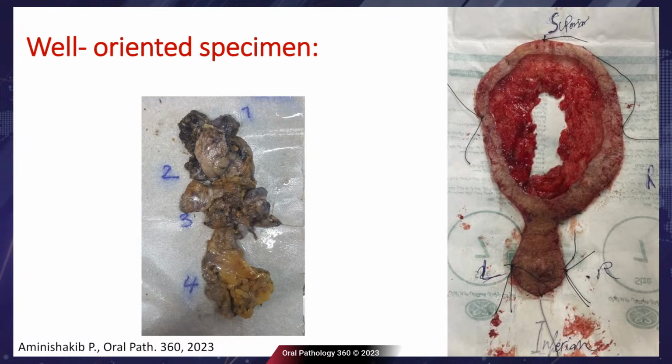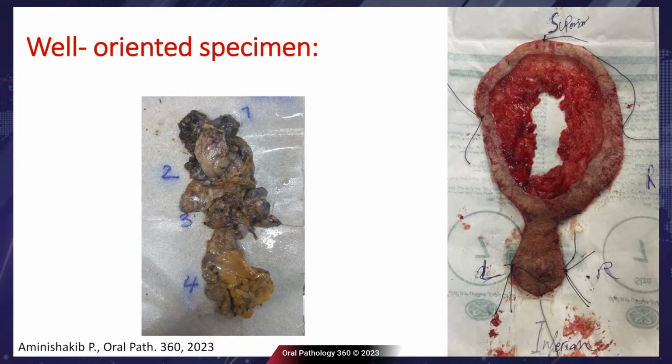I was explaining the importance of orientation of the specimen. In the second slide, you can see on the right side a well-oriented specimen, where the surgeon well marked the superior and inferior of the specimen, and also the right and left sides, by sutures.